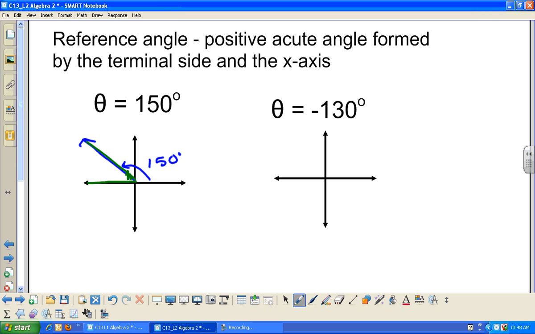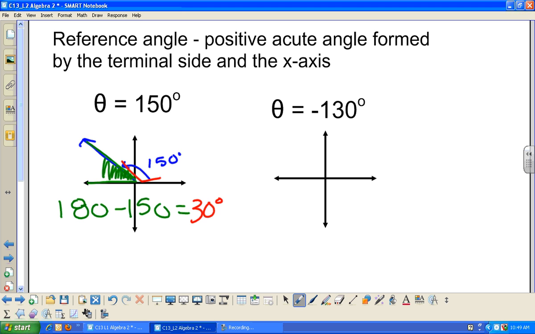So I want to find out what this angle measurement is. Now, one straight line is 180. So to figure out what my reference angle would be here, if I want to find out this green part, I'm going to do 180 minus 150. Because 180 is the full straight line. If I take away this angle, I'm left with the green angle, which would be 30 degrees.